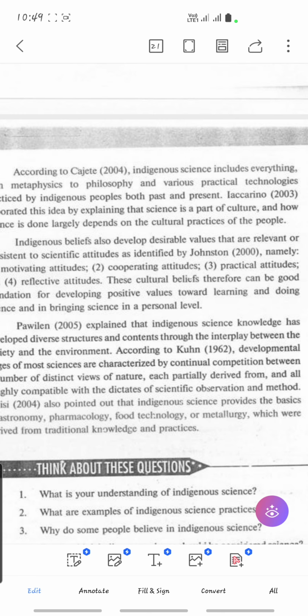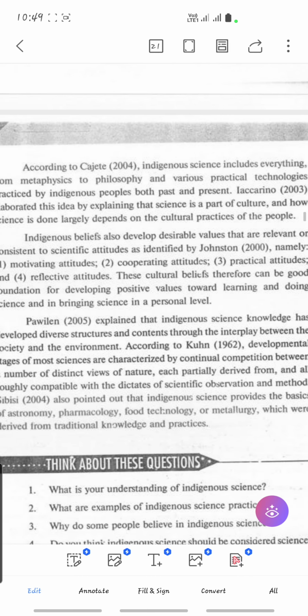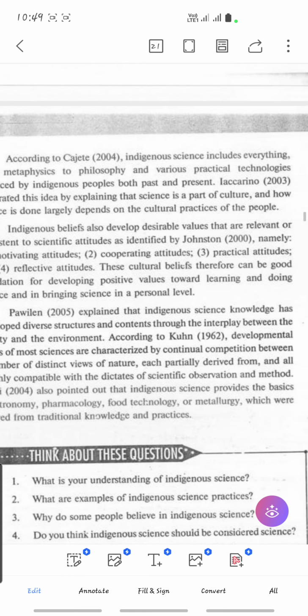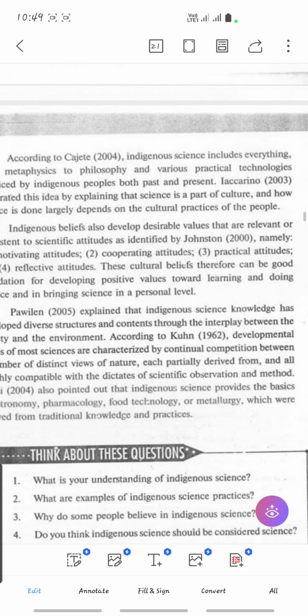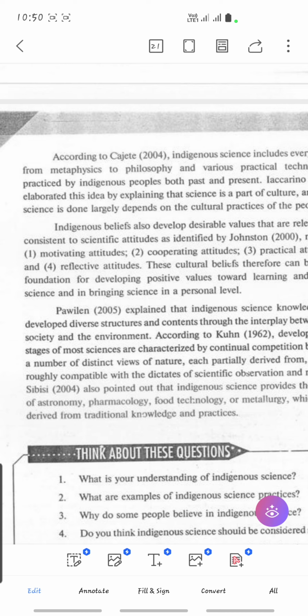Okay, to explain it further, there is actually a list of beliefs in indigenous culture that are desirable values, relevant and consistent with scientific attitude. Number one is motivating attitude. Not only that, they also describe a cooperating attitude and a practical attitude. And lastly, we have reflective attitude.